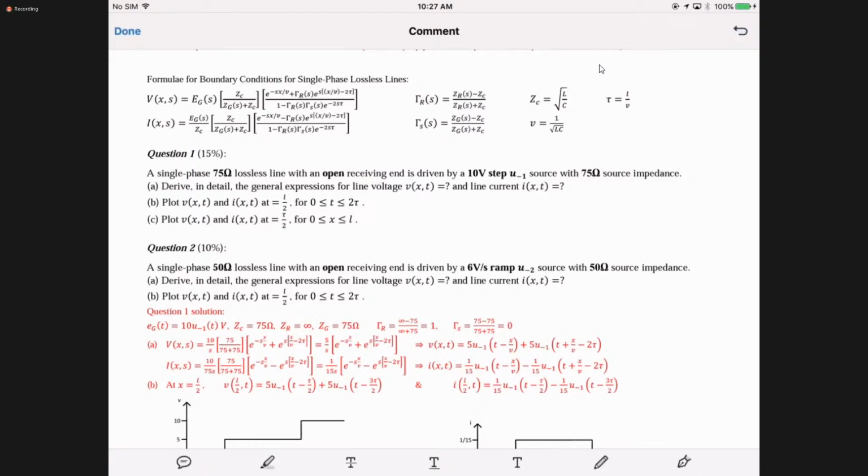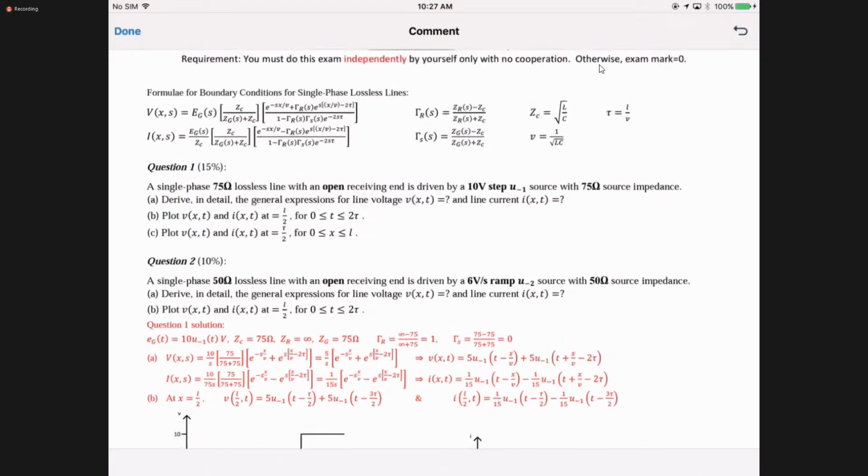Now the second is fixed time. That means you are observing a certain time along the cable. So the time is fixed, but the distance covers the whole length, and you are asked to plot this.